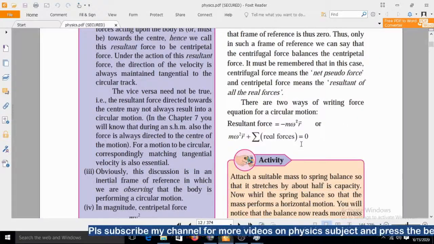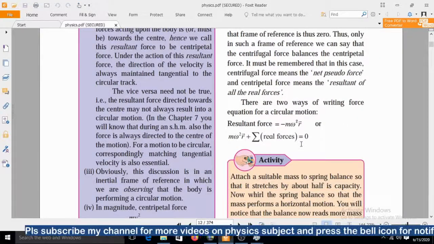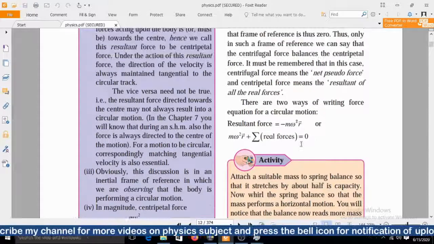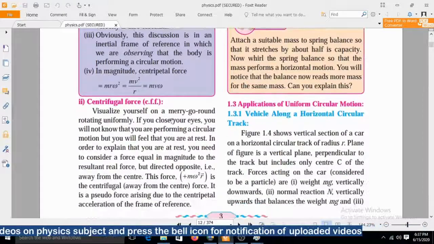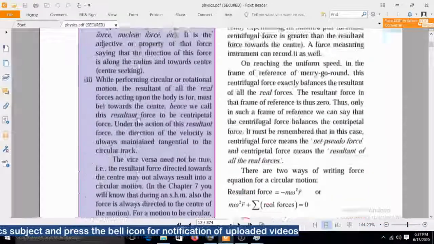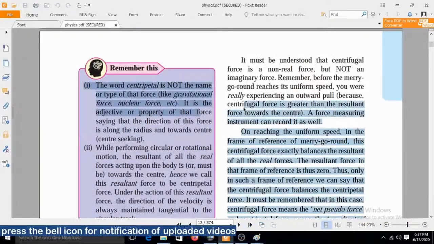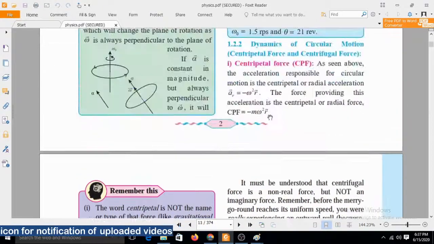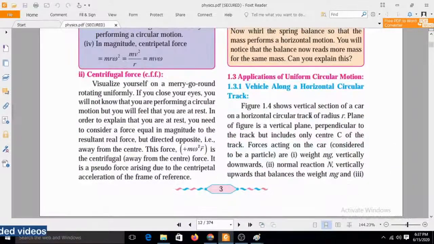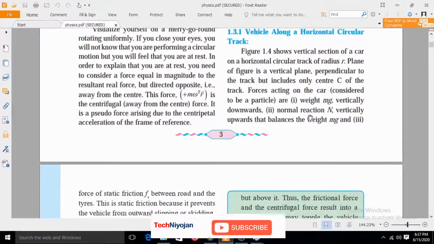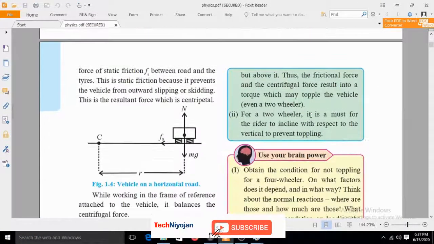If you write the explanation with your own words, then also it will be fine, but make sure that you use the main keywords. See over here, centrifugal force, that is the merry-go-round, it is shown for centrifugal, and for centripetal they are given over here, okay. So again the applications also I have discussed, okay.